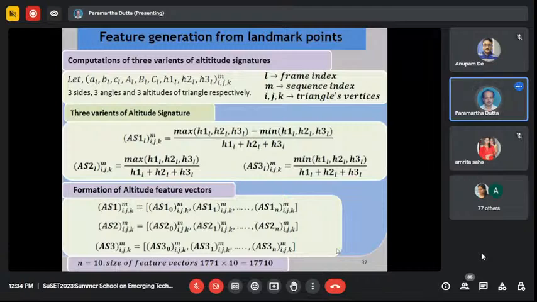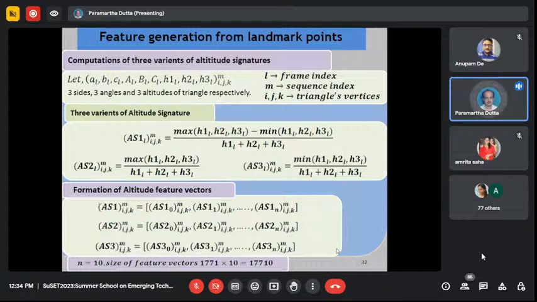The way the encoding is done, I am not going into the details of this. I mentioned that I am not going into the details of mathematics because otherwise the concentration may be lost.